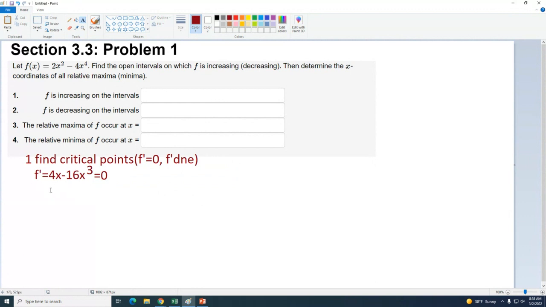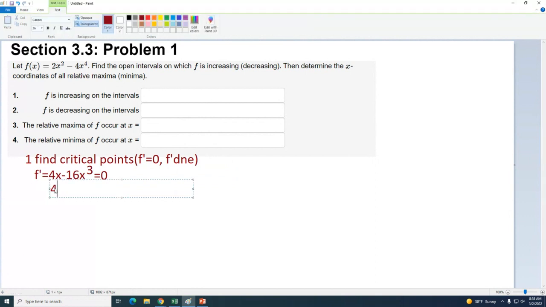So step 1, we're going to find those values, and these values are going to be the building blocks for our intervals. So we're going to factor out 4x. The 4x has 4x, and 16x cubed also has a 4 and an x. So 4x is a common factor. If you take out the 4x, you're left with 1.